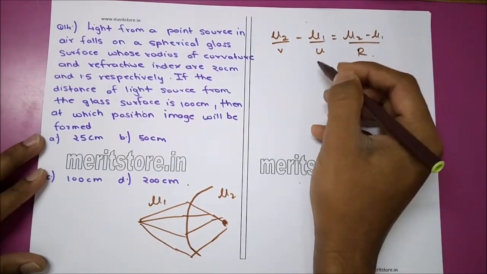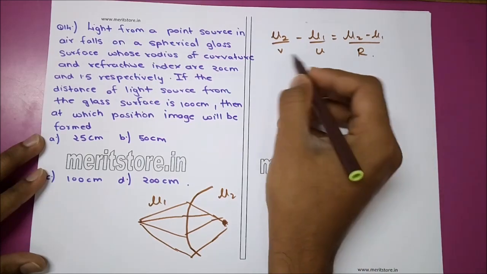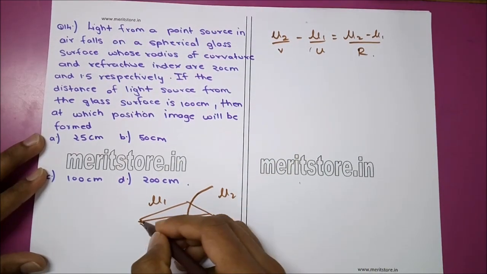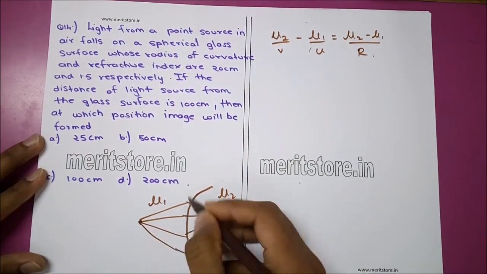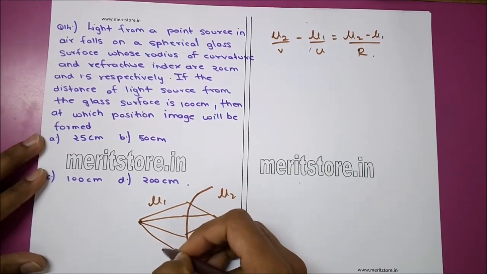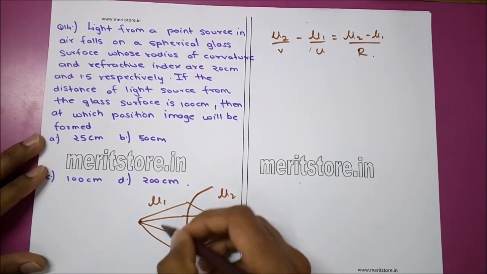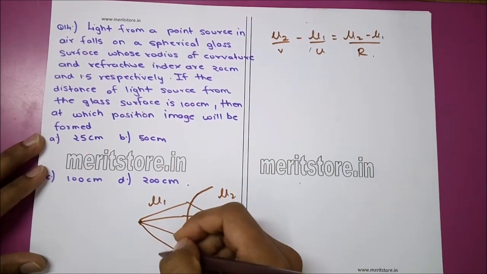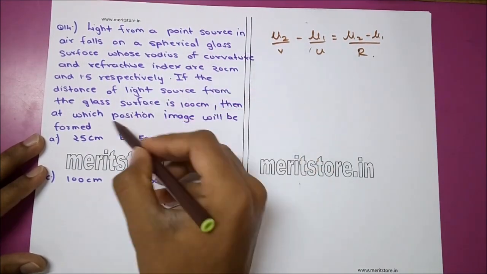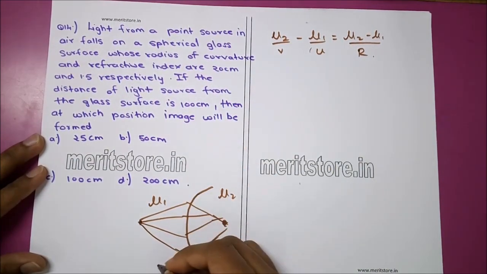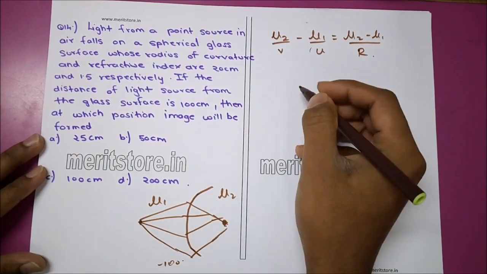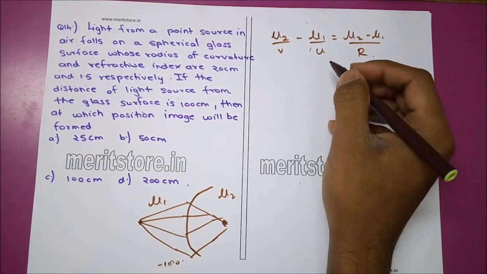the radius of curvature R. Now since u is towards the left of the glass, in this case u is taken as negative. So therefore u will be minus 100.